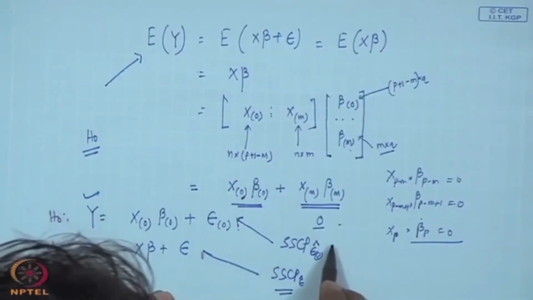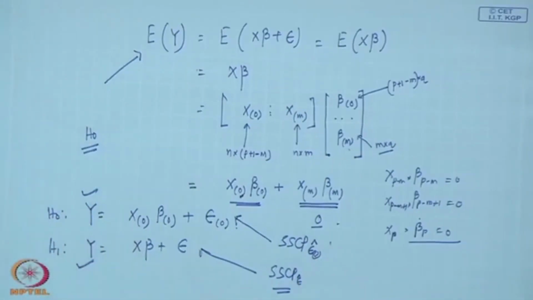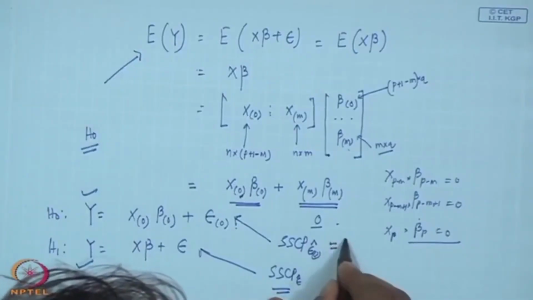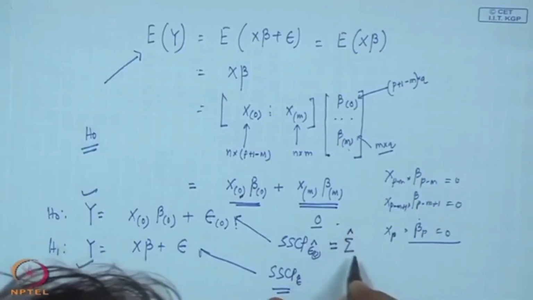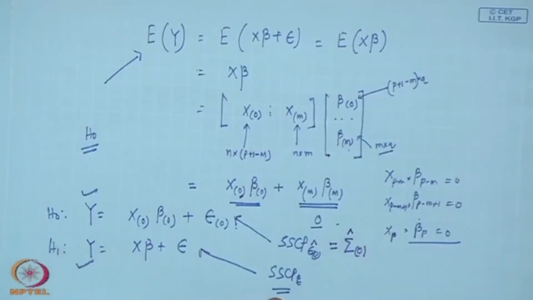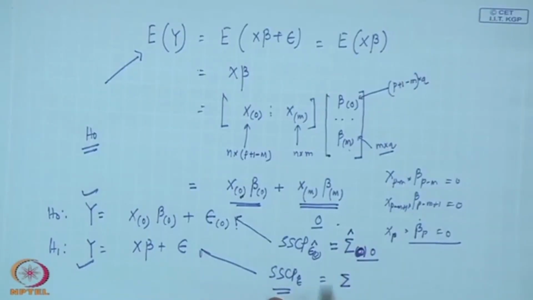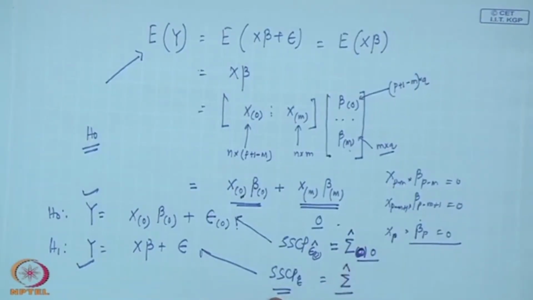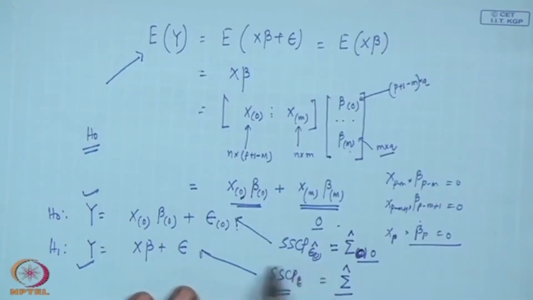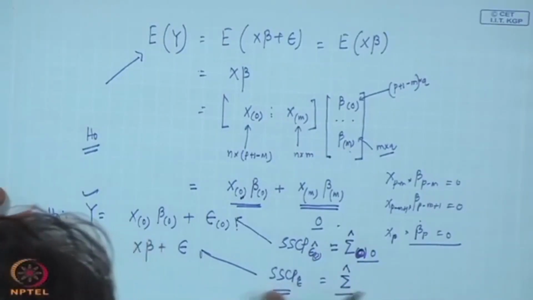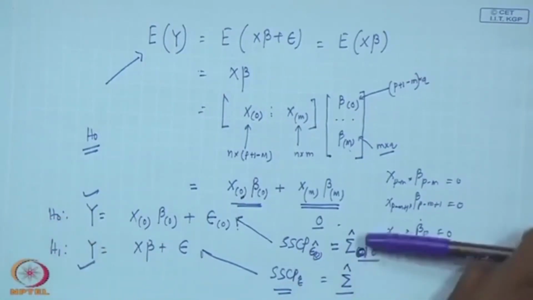Now, as given by Johnson and Wichern in this book, I have seen that this is nothing but the estimate of this, or you can straight away write 0, and this is nothing but the estimate of this. This I have taken from Johnson and Wichern. You just check. So what will happen then?